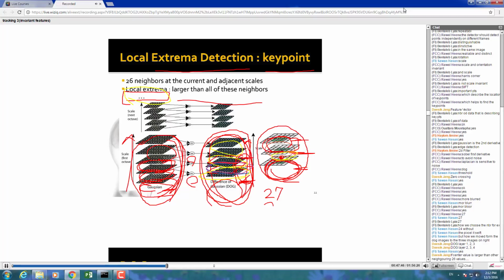And by the way, sometimes the center value will be larger than all other 26 values, but not always, right? In many cases, some other value among the 26 will be larger than the center one. Then that is not a local extrema. But sometimes, not so often, the center value is larger than all other 26 values.